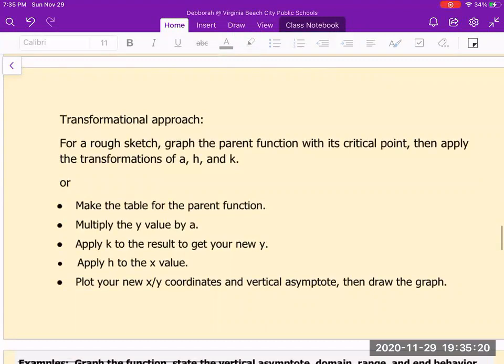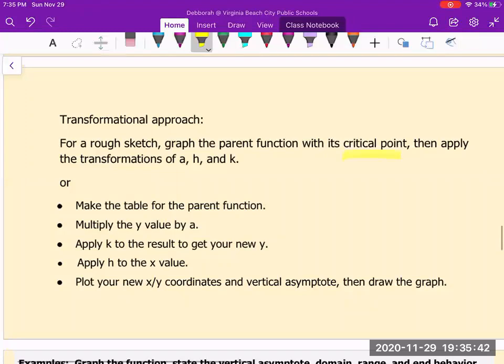As we found with the exponential functions, there are many ways that you can graph these functions. One of the transformational approaches, if you wanted to just do a rough sketch, is to focus on that critical point we spoke of, the (1, 0), for the logarithmic function, and apply the transformations of a, h, and k.